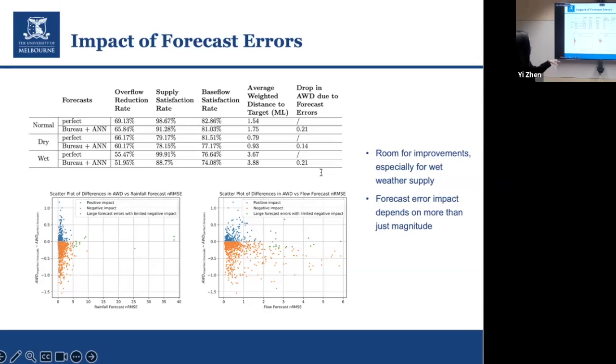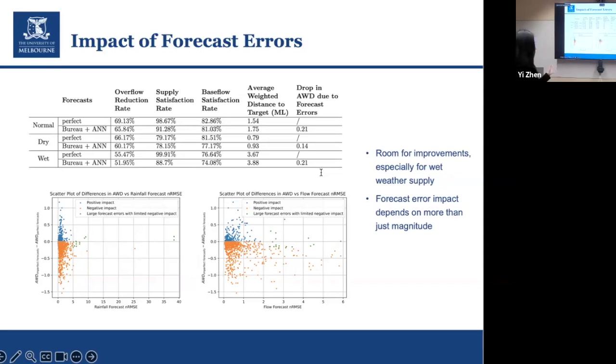And we plot the difference in performance versus the magnitude of rainfall forecast error in this plot and versus the flow forecast error in that plot. And the lower half of the plot, so the negative differences, basically indicates the scenarios when the forecast error undermines the system performance.